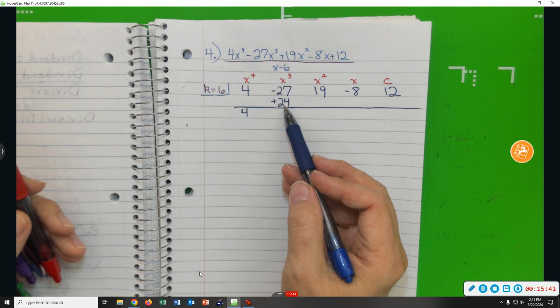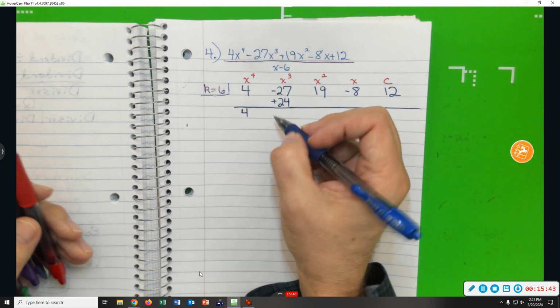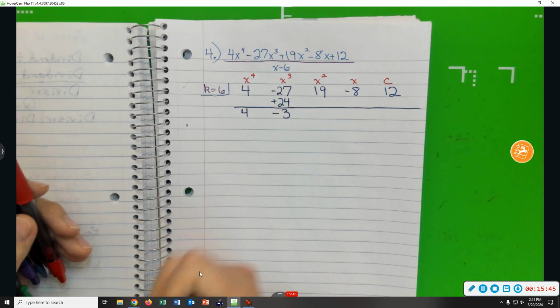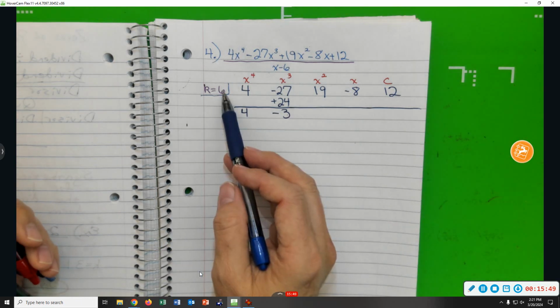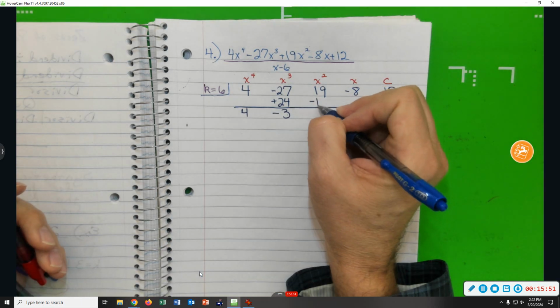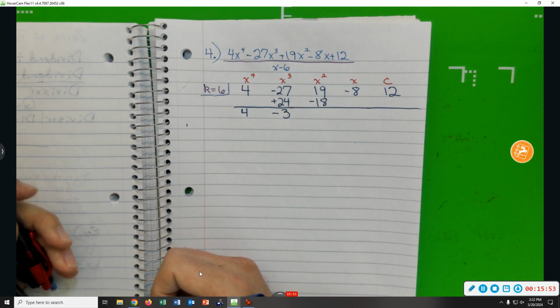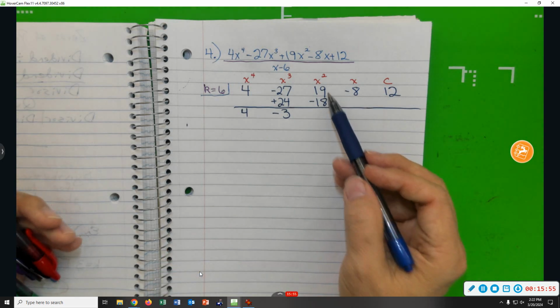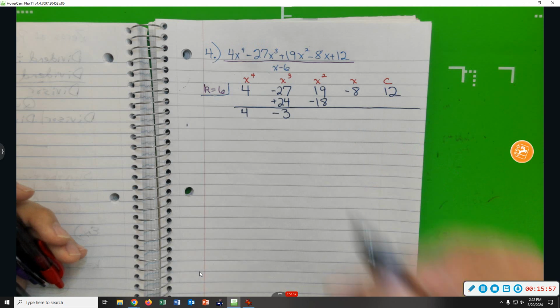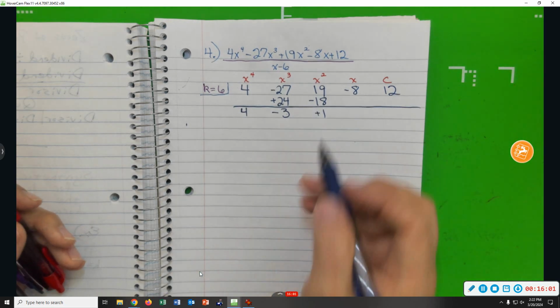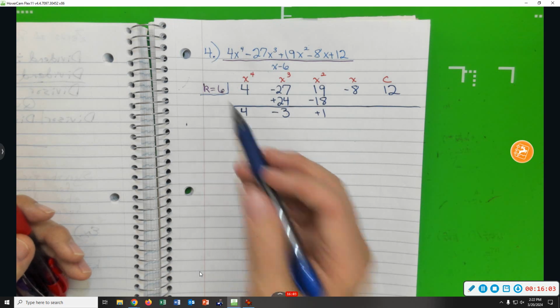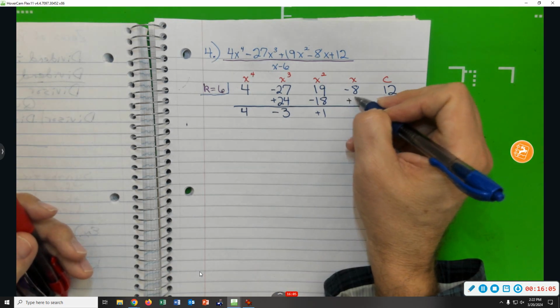Negative 27 plus 24 gives me a negative 3. Negative 3 times 6 is a negative 18. 19 minus 18, that's a positive 1. Positive 1 times positive 6 gives me a positive 6.